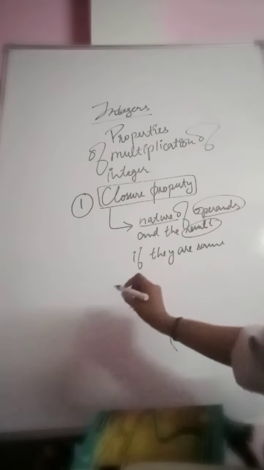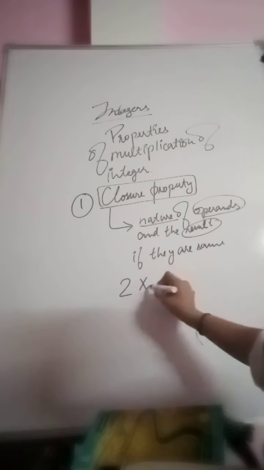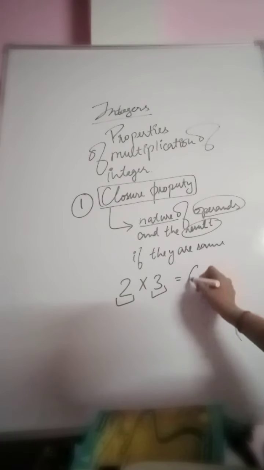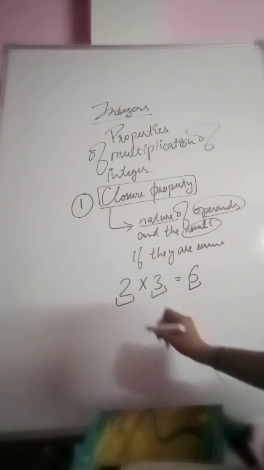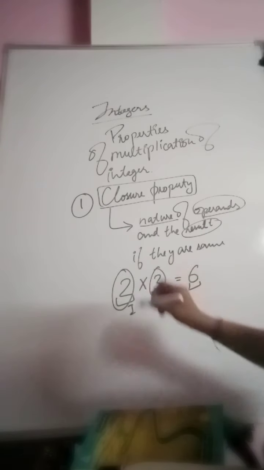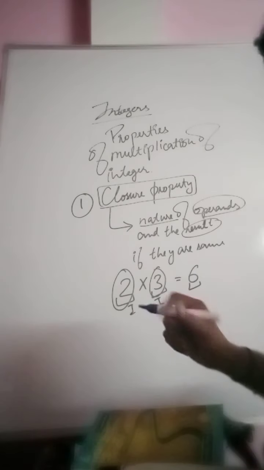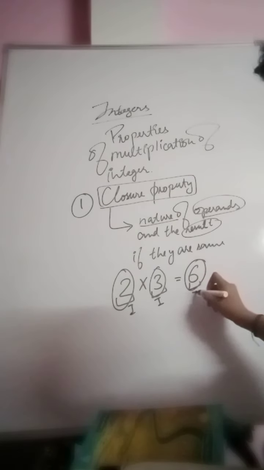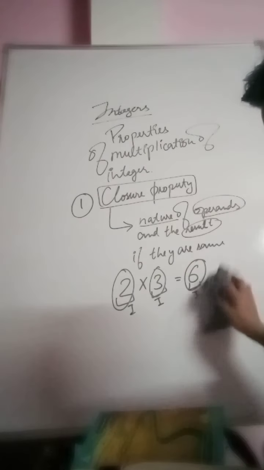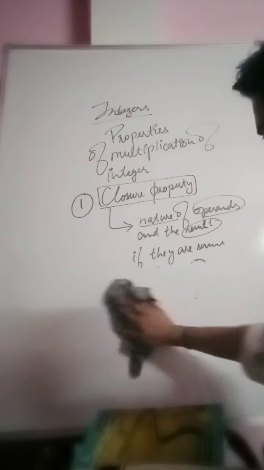For example, if I multiply 2 into 3, 2 is an integer, 3 is also an integer, and 6 is also an integer. See here, the operands, that is 2 and 3, are of integer nature, and the product is also of integer nature. Now you must be wondering, sir, can I take minus also? Yeah, you can take. Let's see.